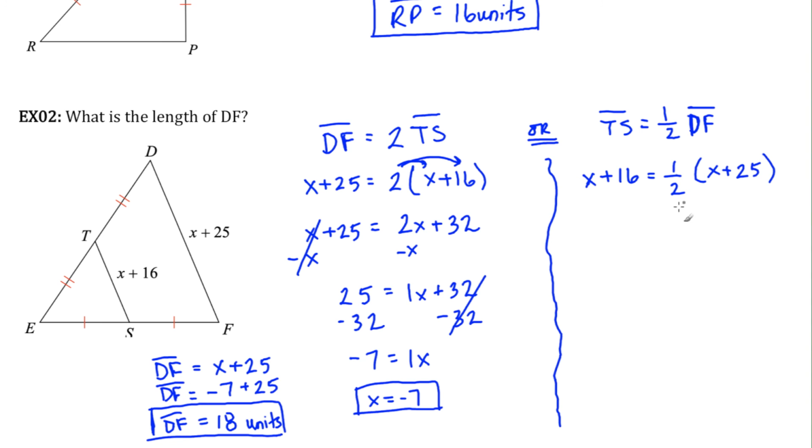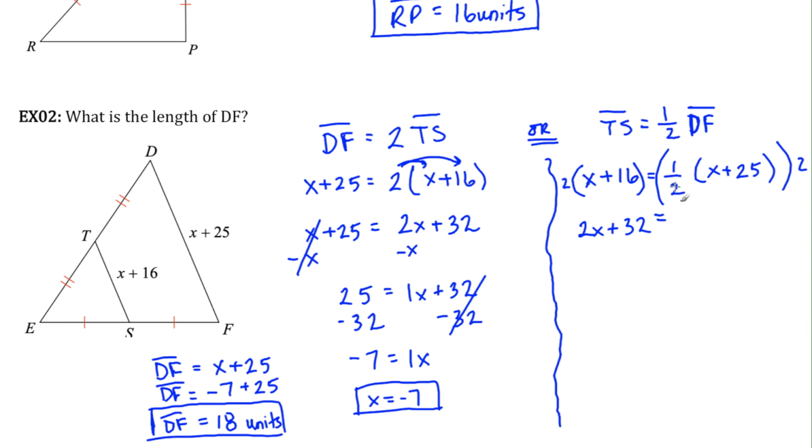I could also do it this other way. So I'll start it off, but I'm not going to finish it. Usually, y'all don't like fractions, right? So what we learned is we could just multiply to get rid of them. So let's multiply both sides by 2. So 2 times x plus 16 is 2x plus 32.